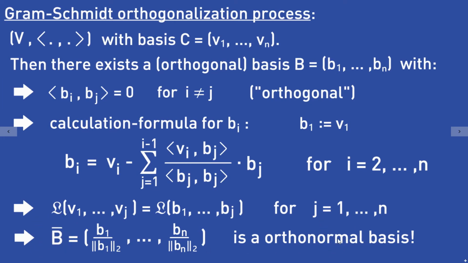You just have to normalize the vectors in the basis B. So the orthonormal basis B bar is equal to b1 divided by the Euclidean norm of b1, to bn divided by the Euclidean norm of bn. So that here is an orthonormal basis of the space V.